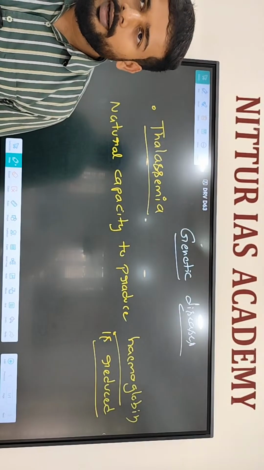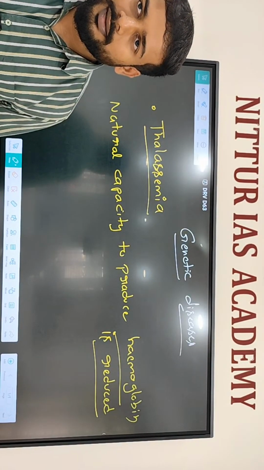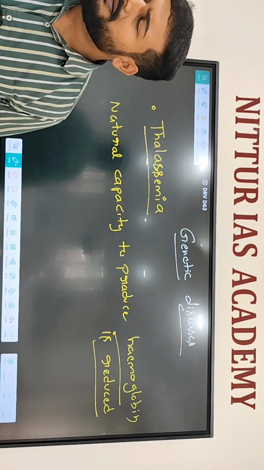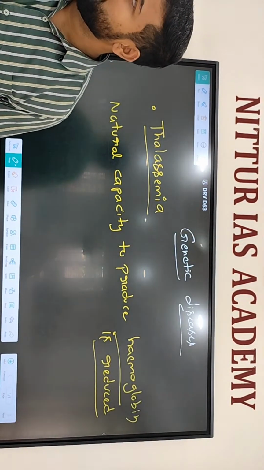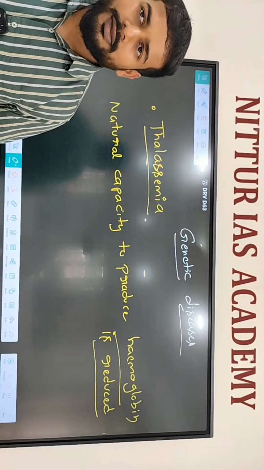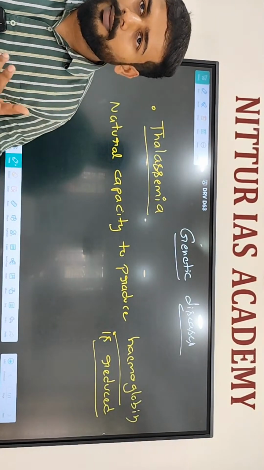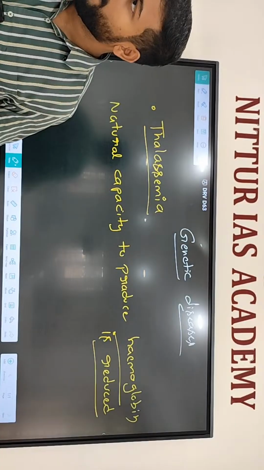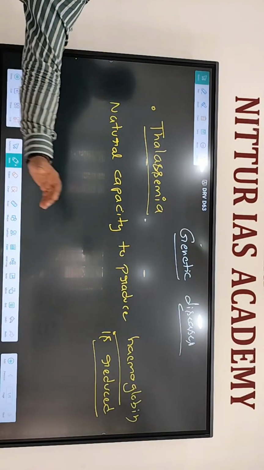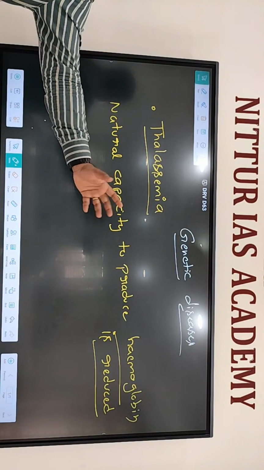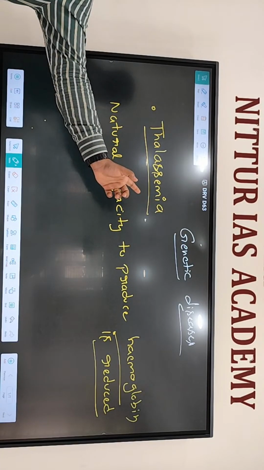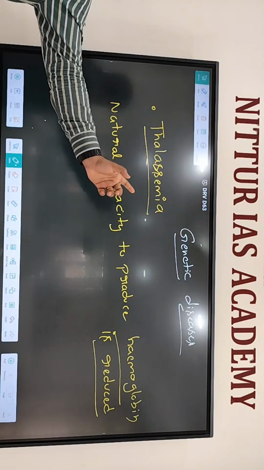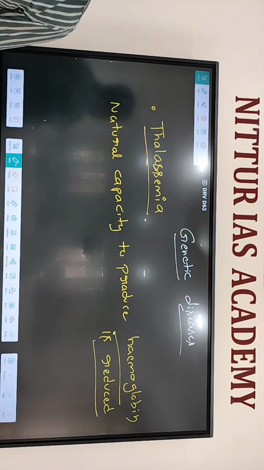If hemoglobin content in your body is less, you always feel tired, sleepy, dizzy. Why? Oxygen is not supplied properly to each and every part of your body. In this child, hemoglobin is not produced in the required quantity. The condition is called thalassemia.